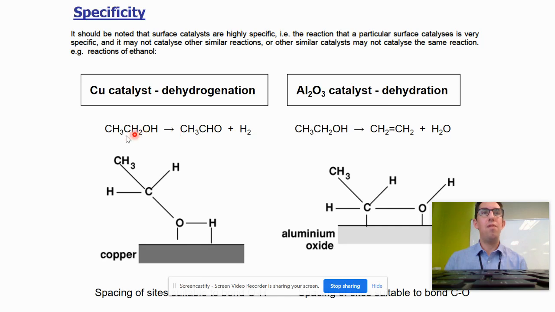And we could then end up with the alcohol turning into an aldehyde. Whereas aluminium oxide, another solid, could hold the same molecule, ethanol, in a position like this, so that the C-O bond could break and release water. So different catalysts are specific for different reactions.